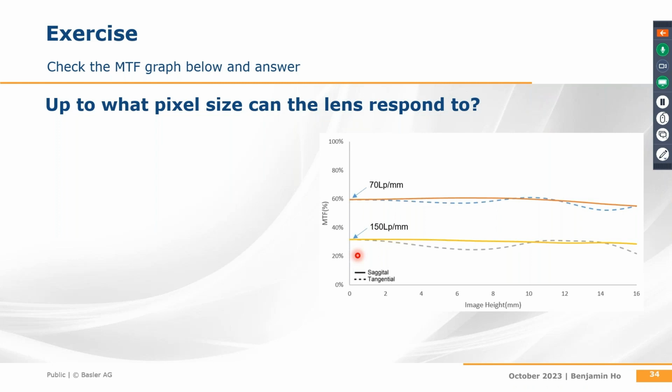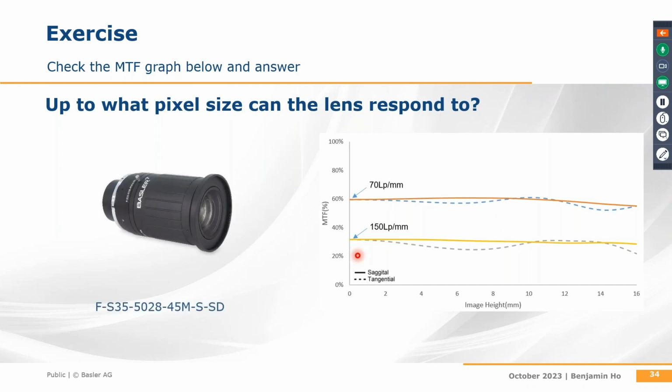In this case, it can accommodate a pixel size as small as 2.33 micrometer. Therefore, this lens is perfectly compatible with the pixel size of Basler's newly developed Boost V camera, which has 3.2 micrometer, shown at the beginning of the webinar. Basler offers solutions that enable camera and lens to be used optimally together.